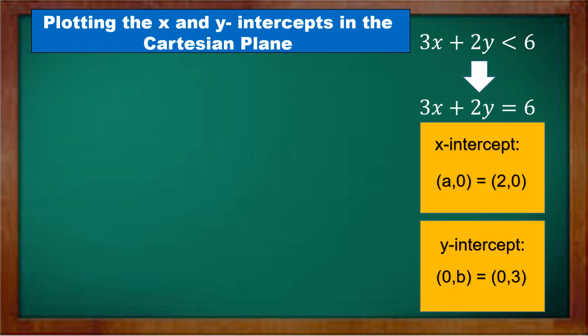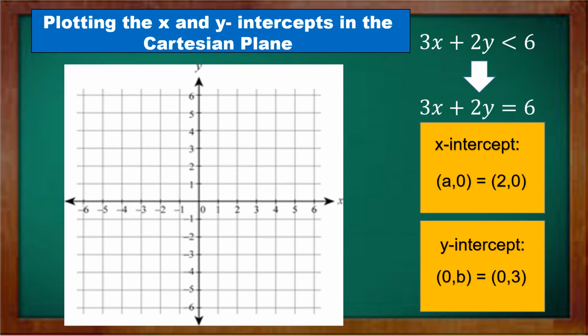So we are now ready to plot on the Cartesian plane. The x-intercept we can plot here, and here is the y-intercept. Now we will connect the 2 points using a broken line, since the given inequality uses less than.